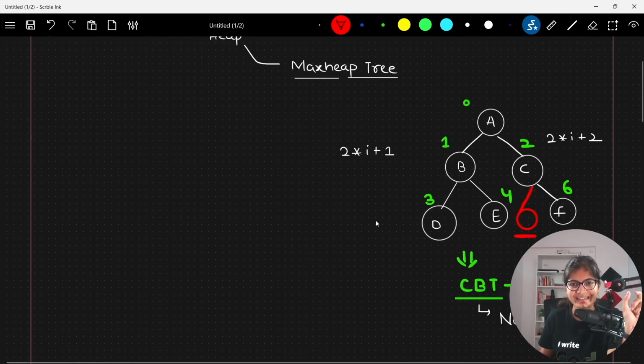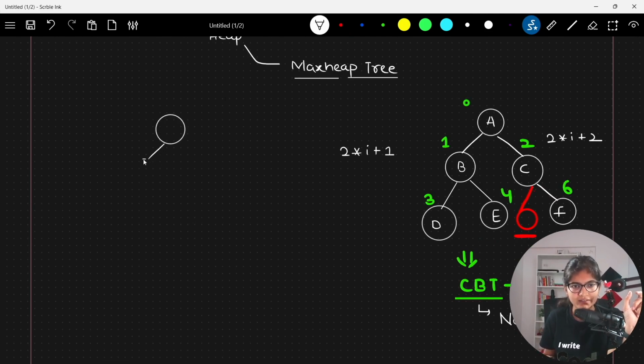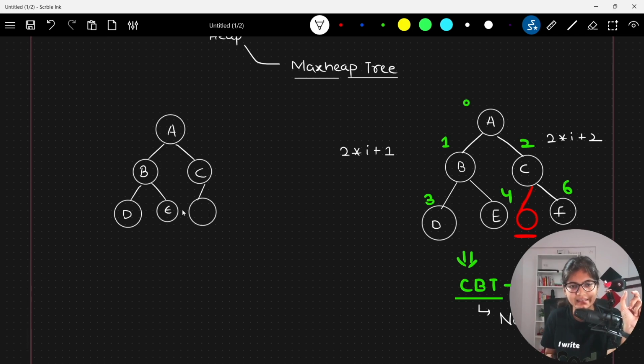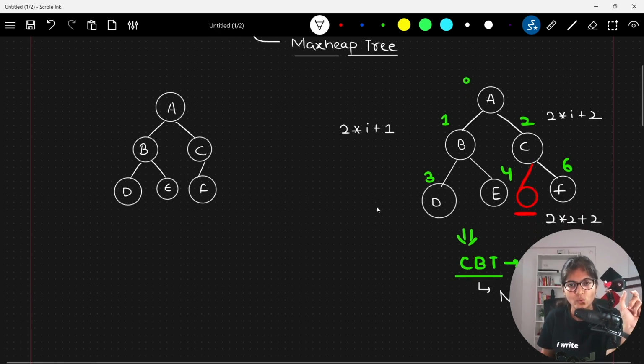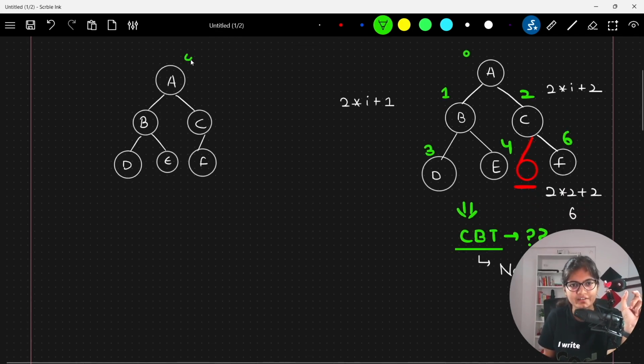So let me take one valid CBT now, which is A, this is B, this is C, this is D, this is E, this is F. So A, B, C, D, E and F. What is the array index that we have here? 0, 1, 2, 3, 4, 5, right?